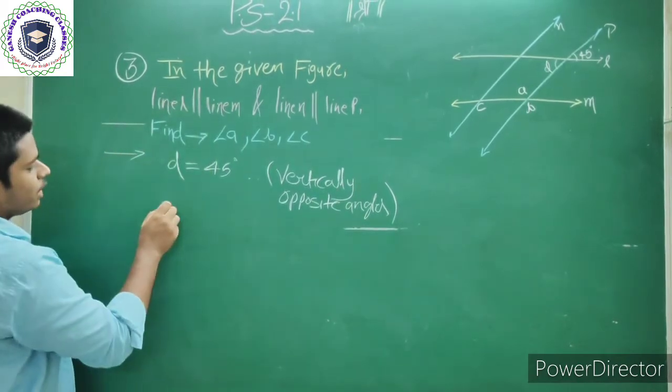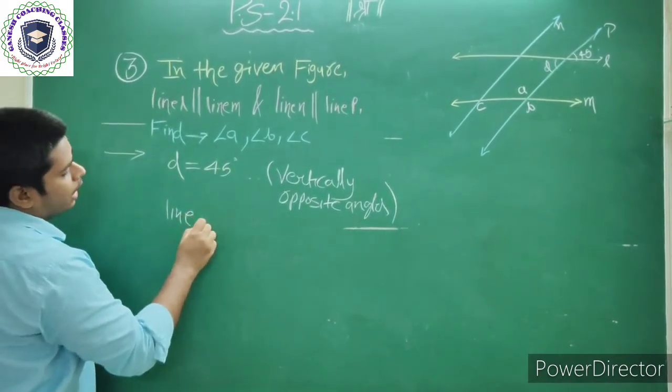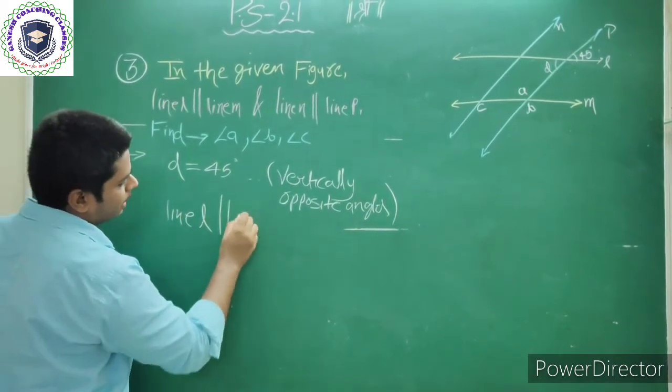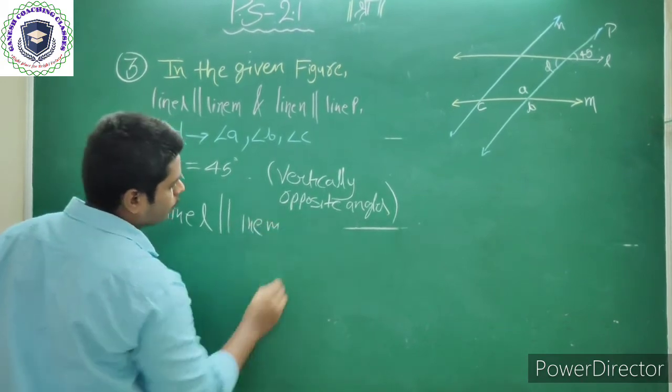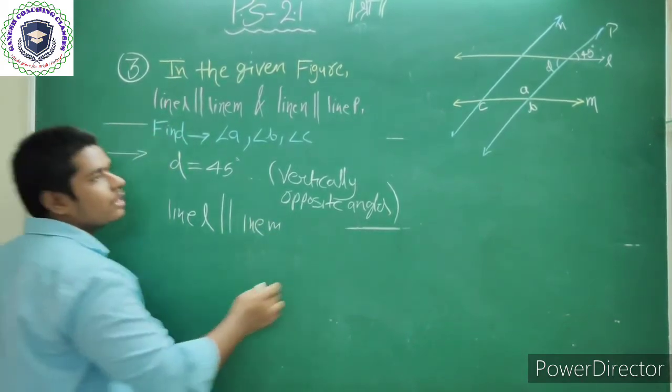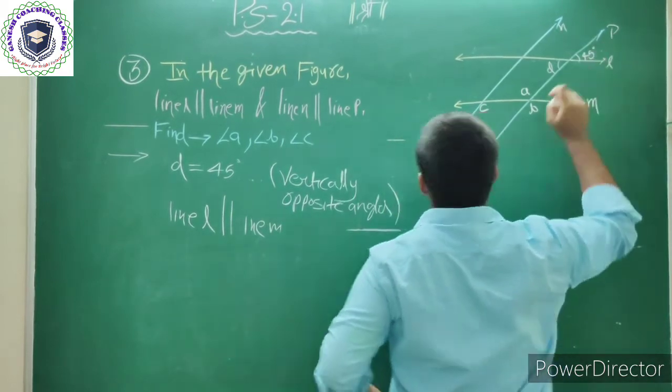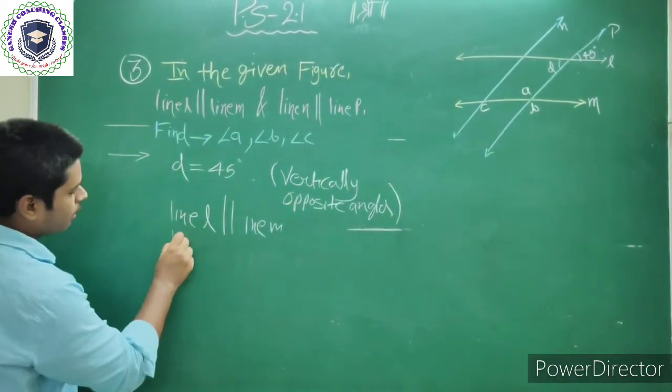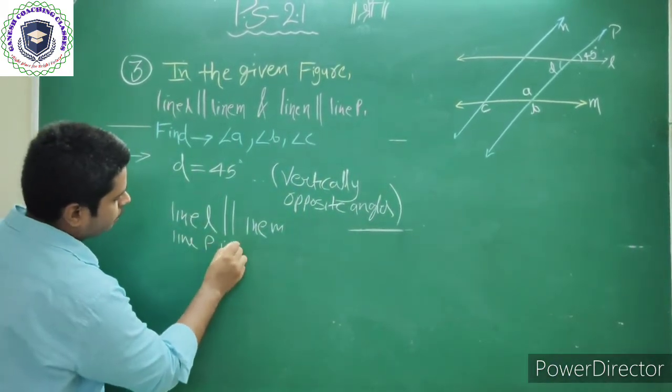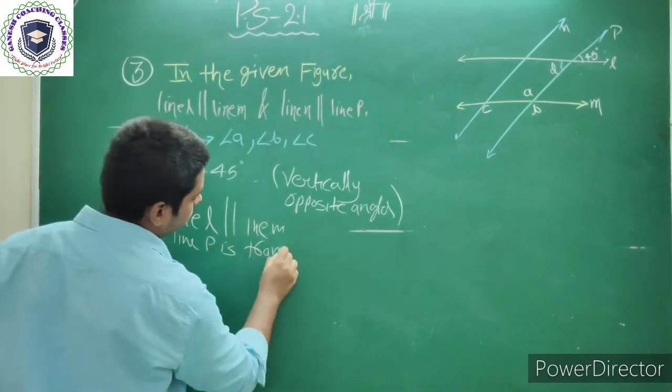So here we will write that line L is parallel to line M, and which line is the transversal here? This line, which is P. So here we write line P is the transversal.